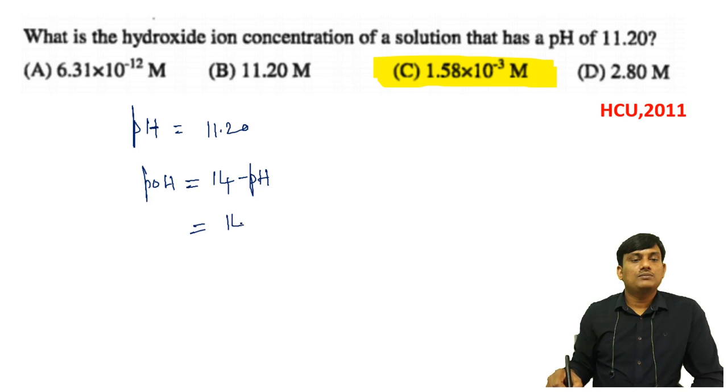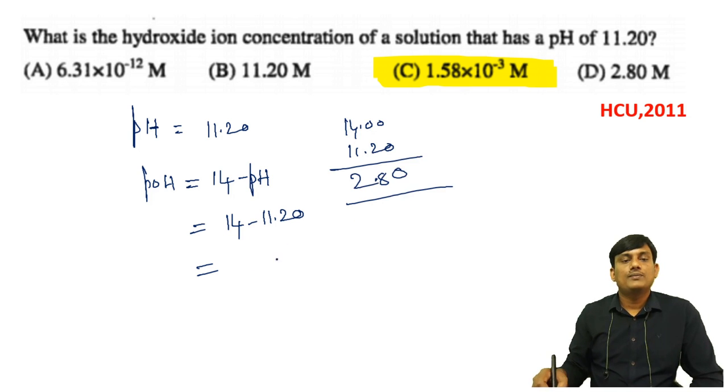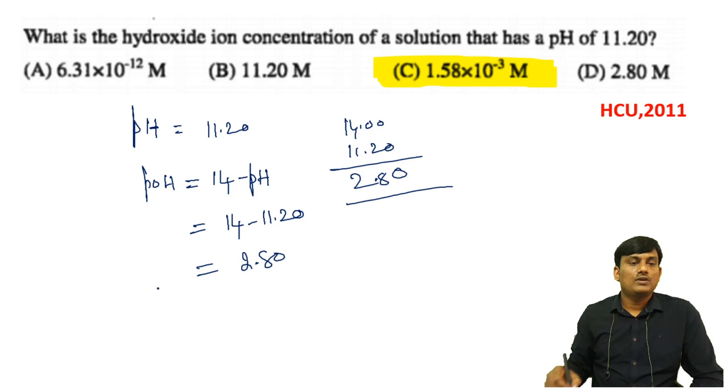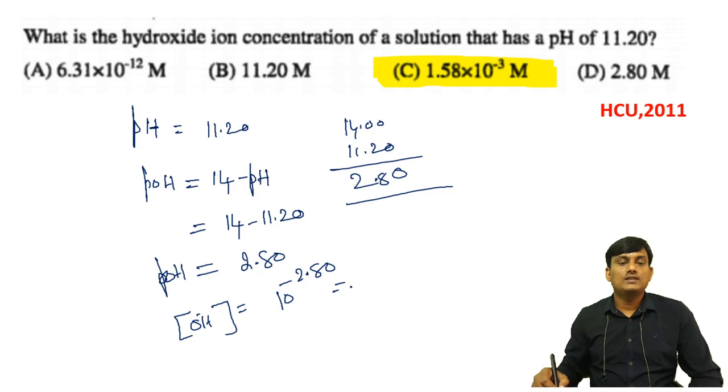So 14.00 minus 11.20 will be equal to 2.80. This is the pOH. So the concentration of OH minus, the hydroxide concentration, is 10 to the power of minus 2.80, which gives 1.58 into 10 to the power of minus 3.